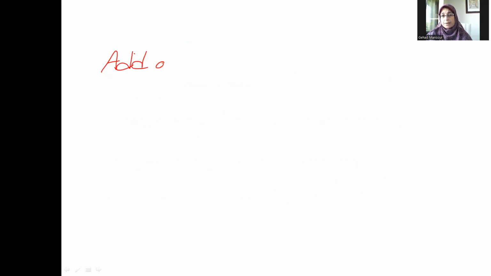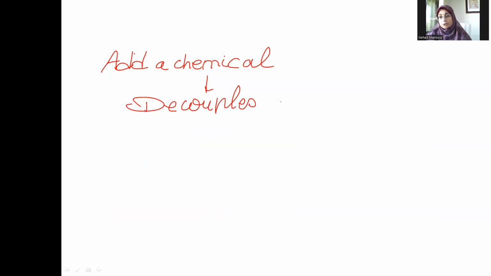Sometimes you add a chemical, and this is a famous question, whether in the MCQ or in the free response question. Sometimes you add a chemical that decouples oxidation and phosphorylation, meaning that, for example, you might add a chemical that blocks ATP synthase, and therefore oxidation proceeds, but phosphorylation does not.